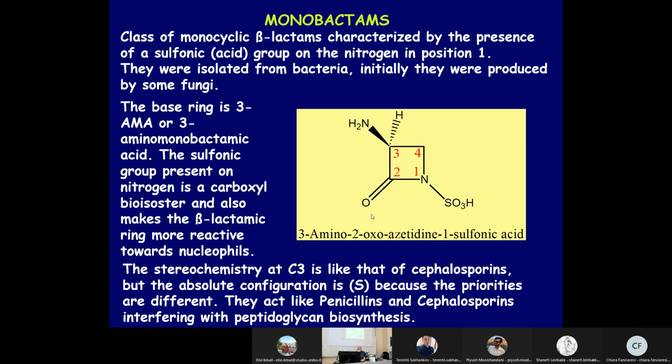In particular, the basic unit is represented only by the beta-lactam ring. You see an acidic group, a sulfonic acid group, like a carboxylic acid, and an amino group which can be functionalized with a particular side chain, very similar to the side chains that we have already seen in the other classes of cephalosporins, penicillins, and so on.